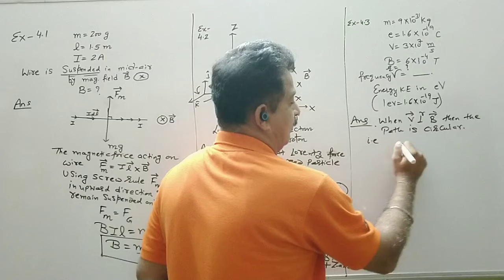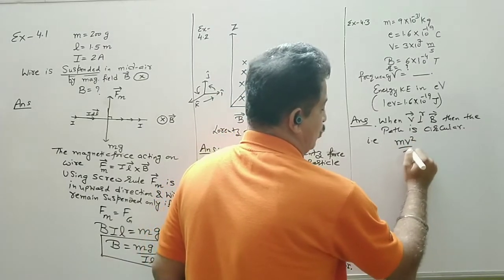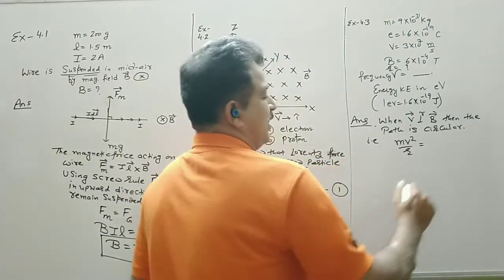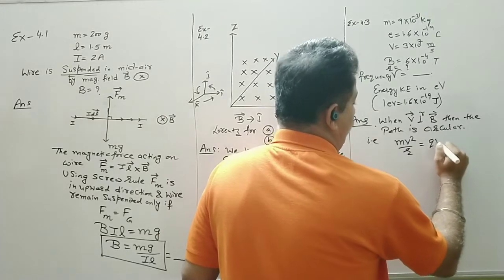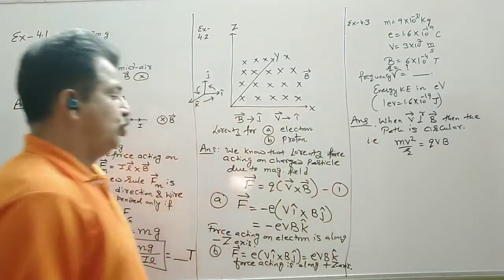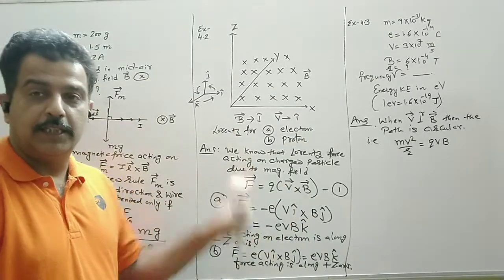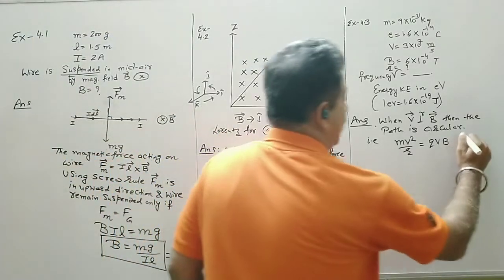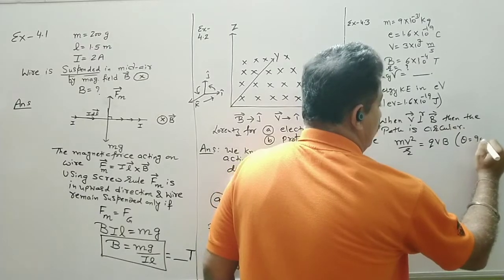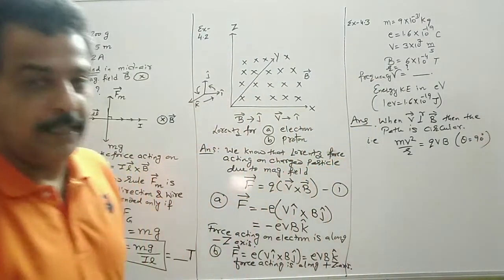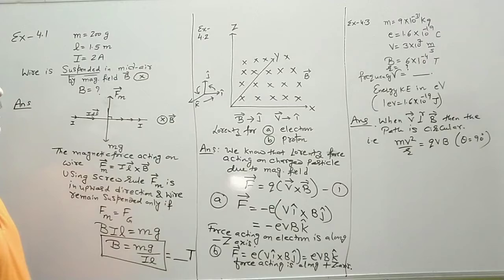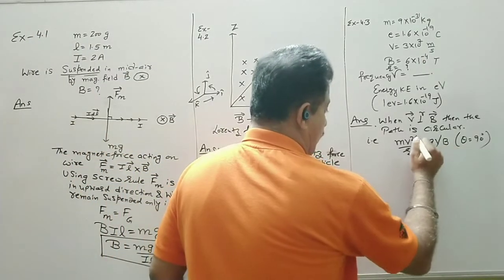So that was our derivation. So centripetal force mv square upon r is equal to magnetic force, that is qvB. Here v and B are perpendicular to each other, that is given in the question, that is theta is equal to 90 degree. So we are writing the magnitude. Centripetal force is equal to qvB, and this we have already derived.